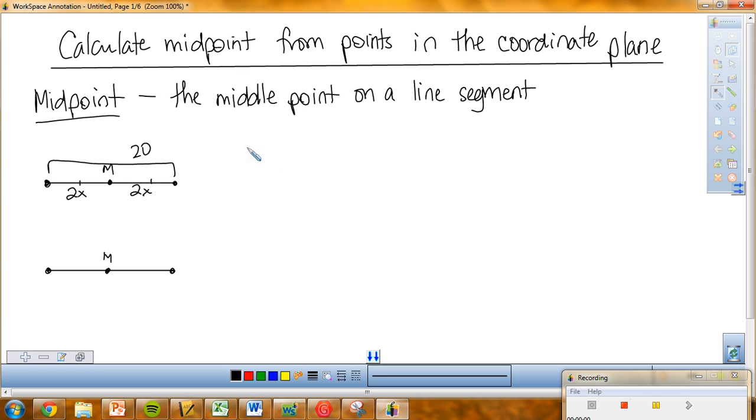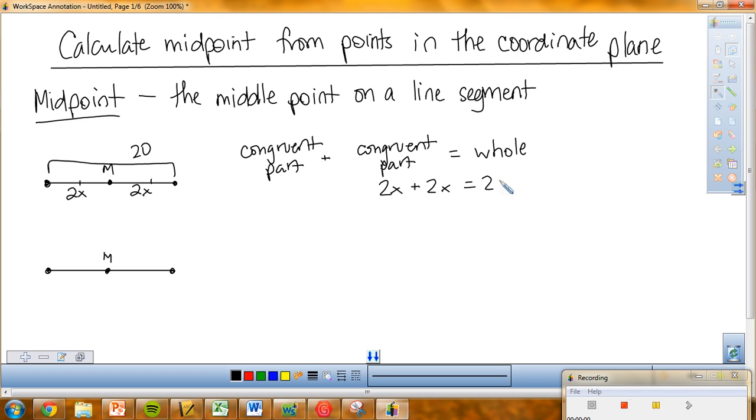So I can say that my congruent part plus my congruent part is equal to the whole. And we've seen this in segment addition, and then we saw it again in the midpoint, that this piece plus this piece equals the whole. So something like 2x plus 2x equals 20. And it just so happens that these pieces are the same because this is the middle.